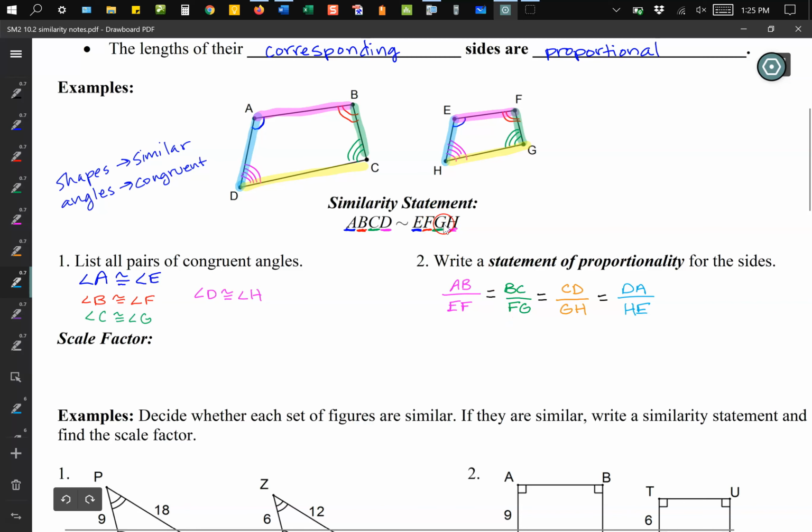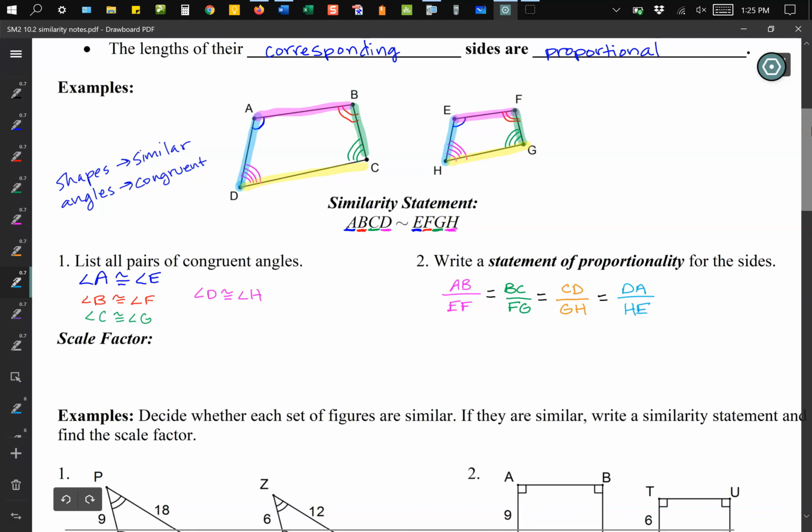Oh, that's the middle 2 there. CD. Oh, that's the last 2 there. GH. Oh, that's the last 2 there. DA. That's the last one and the first one. HE. That's the last one and the first one.